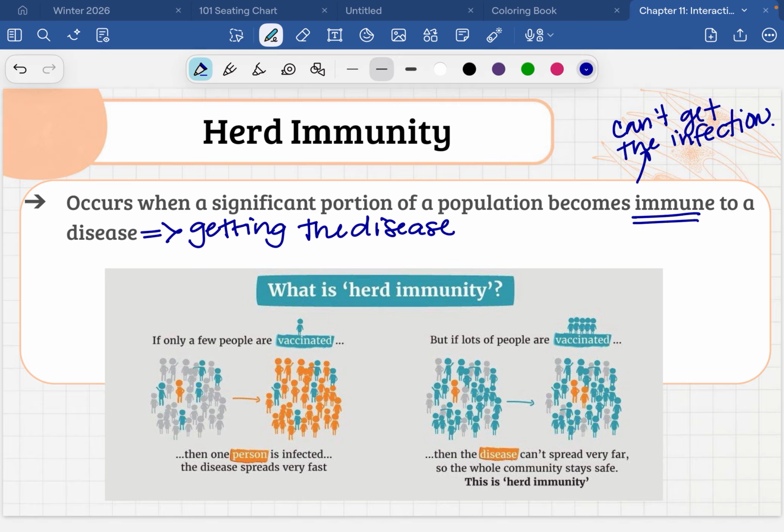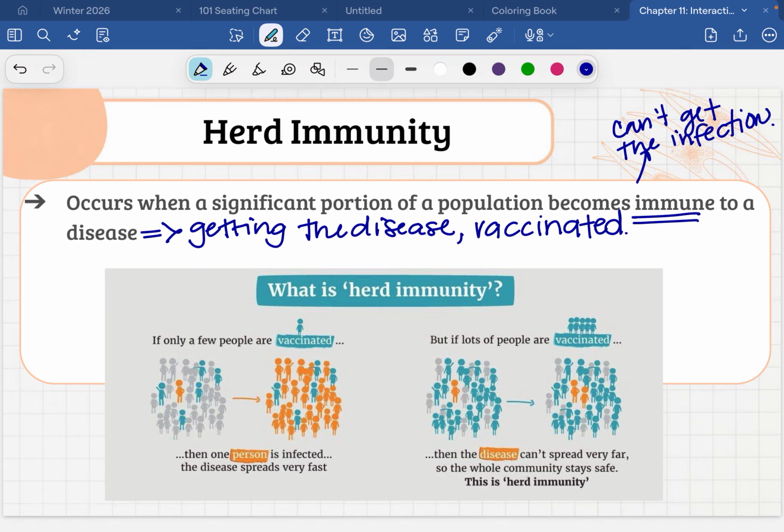Most typical people will only get sick once. So one way to become immune is to get the disease. And the other way to become immune is to become vaccinated. And we'll talk again about what being vaccinated has to do with immunity later. We'll talk about how that works specifically, but vaccination is another way to make yourself immune without having to get sick first. It's basically tricking your body into making you immune.